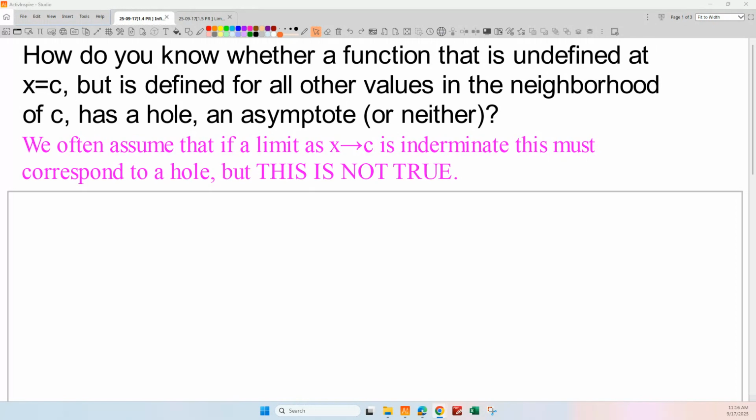The third one was the one that required more work. That was the one where we had to do something, and we did a lot of practice on that, right? We had the cancellation technique where we factored polynomials and canceled factors. We did some examples with complex fractions, and some with the rationalizing technique where we multiplied top and bottom by the conjugate of the expression that had a square root in it.